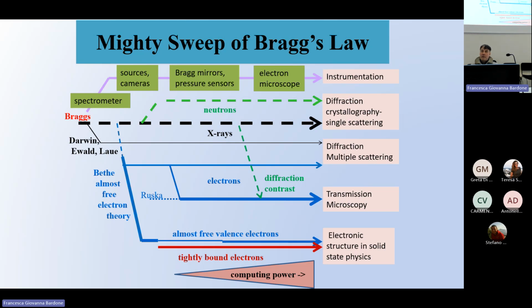This is not possible with electrons, because electrons would be absorbed in a 1 millimeter crystal. But if you have a 1 nanometer, 2 nanometer, 10 nanometer object, you can do it with electrons because they pass through. So depending on the experiments you are looking for, you can choose different types of instrumentation.